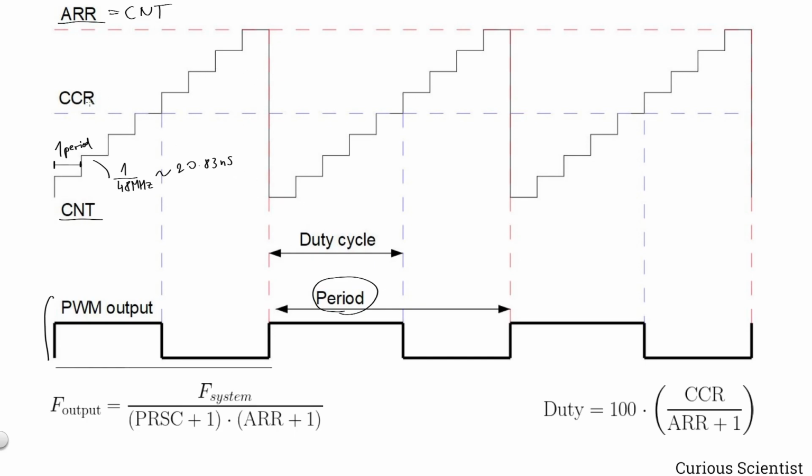And then we have the CCR, or capture compare register, and that is basically when your PWM signal changes sign. Because based on how you set up the PWM output, you can start with a high level, like I did in this example right here, or you can start with a low level.